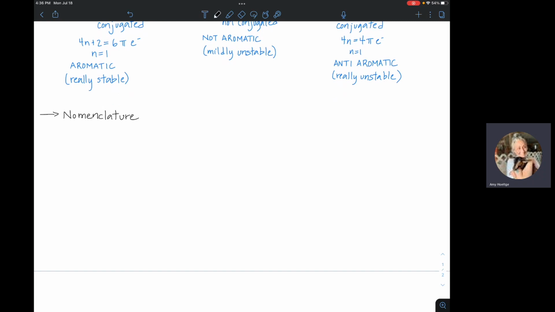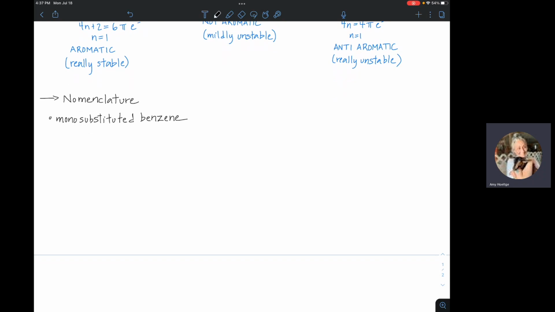so we have a few rules. Simply, if you have one single substituent on the ring, so if I've got, just say, a monosubstituted benzene, or in other words, you have benzene with a single substituent on it, you're just going to name the substituent and follow it up with the word benzene, right?